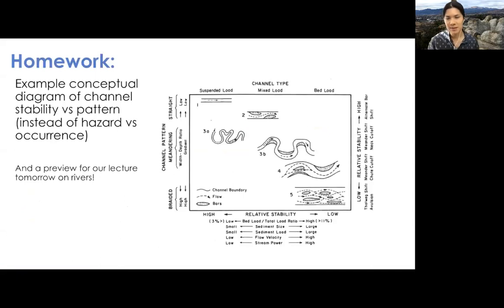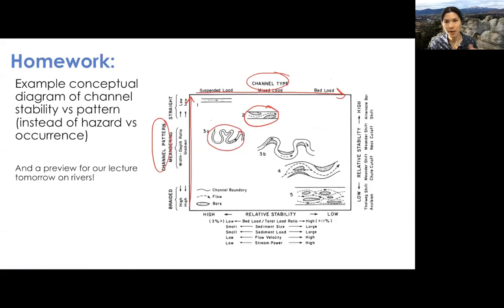As an example of what this conceptual diagram could look like, this is a nice conceptual diagram for rivers, which is our topic for tomorrow. And what you have here is basically the X and the Y axis have the variables on them. So in this case, channel type and channel pattern. And then in the middle are the actual channels.